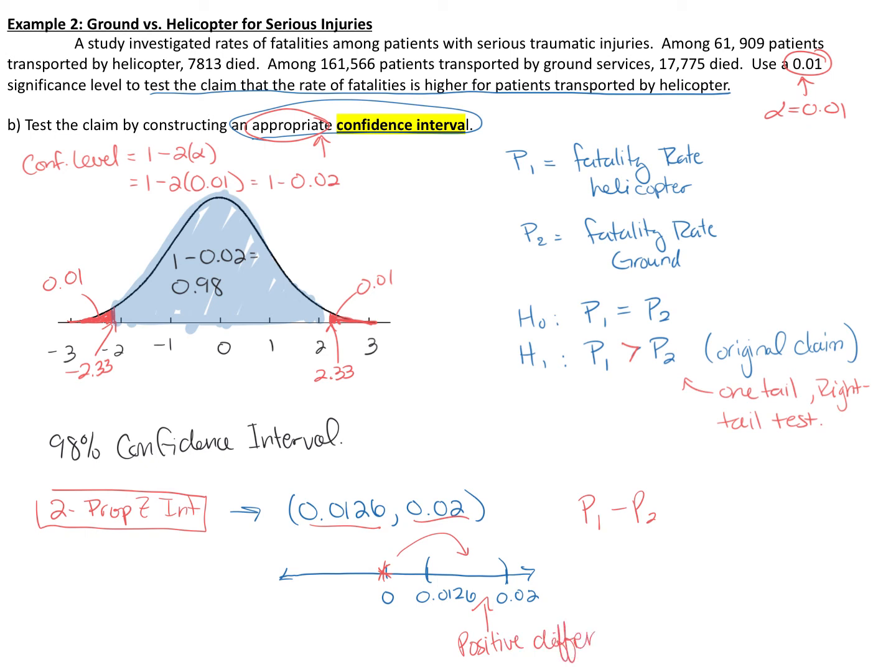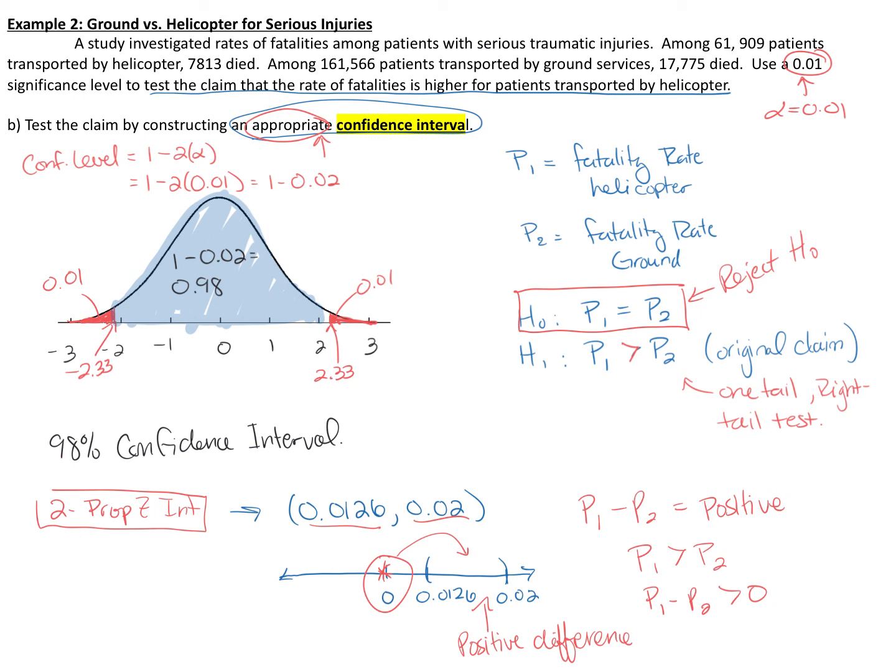If the difference between P1 and P2 is positive, this implies that P1 is greater than P2, because if I subtract them, P1 minus P2, we see that's greater than 0, and values greater than 0 are clearly positive. So the difference cannot be 0, because we're 98% confident that it's going to be a positive value, which means not 0. Because it's not 0, P1 is probably not equal to P2. This is why we are going to reject the null hypothesis.